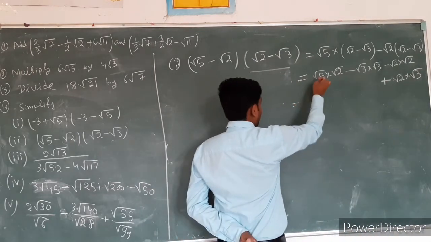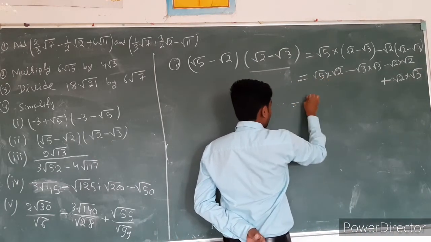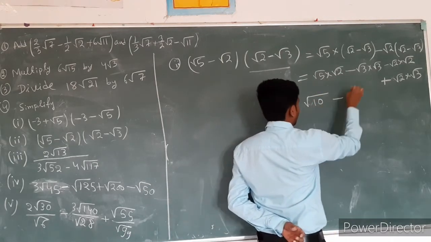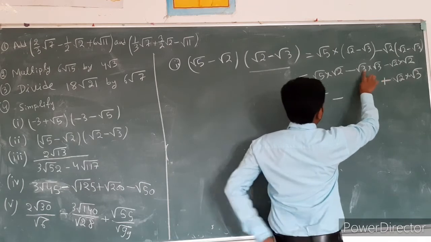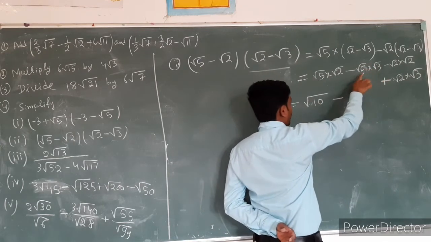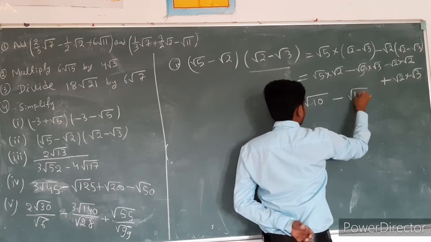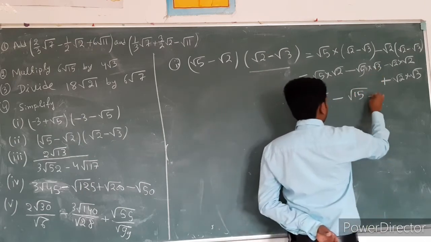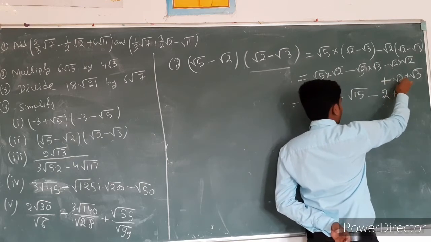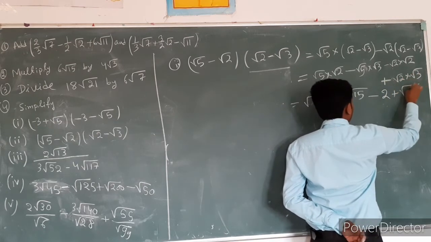So under root a into under root b is equal to under root 5 into 2, that is 10, minus under root 5 into under root 3, that is 15, minus under root 2 into 2, plus under root 2 into 3, 6.